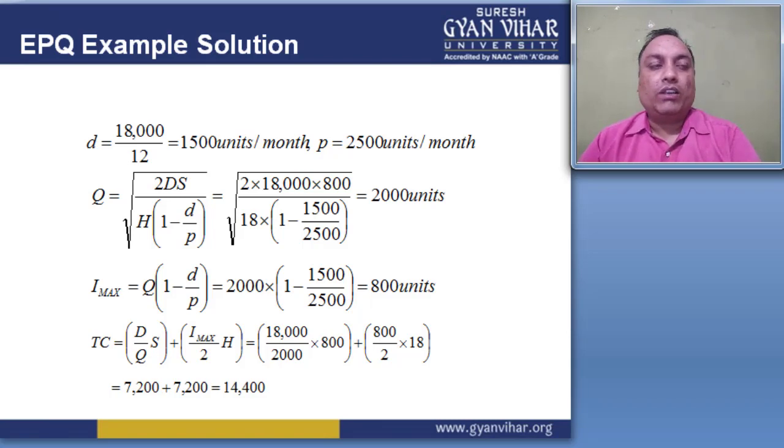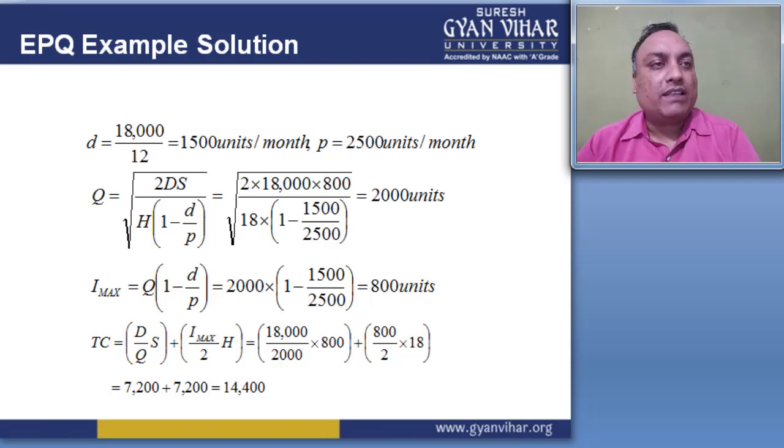Find the Q value. Q equals the square root of 2DS divided by H times (1 minus D by P). So it is equal to 2 into 18,000 into 800 divided by 18 into (1 minus 1500 divided by 2,500). This is equal to 2,000 units in this case.